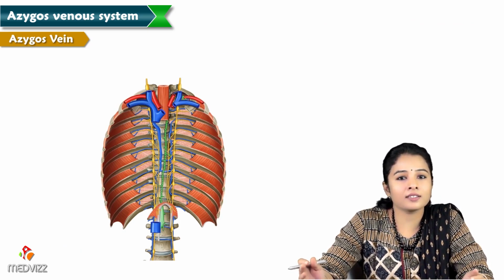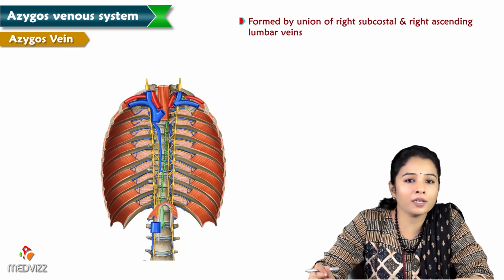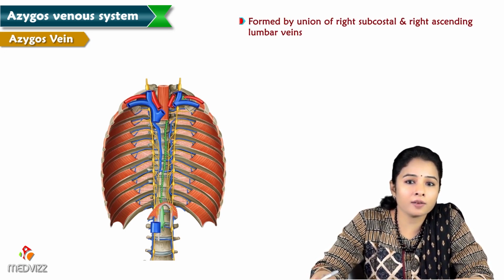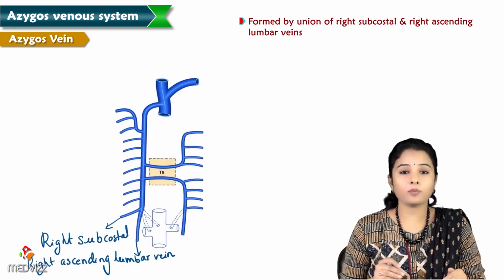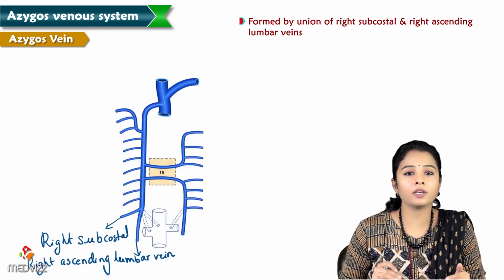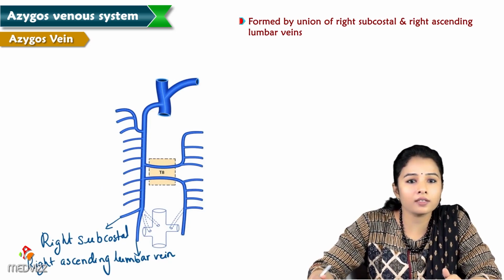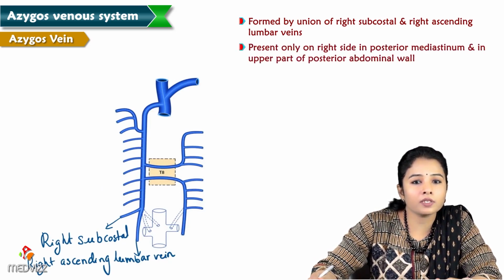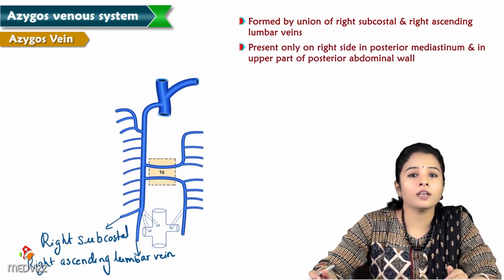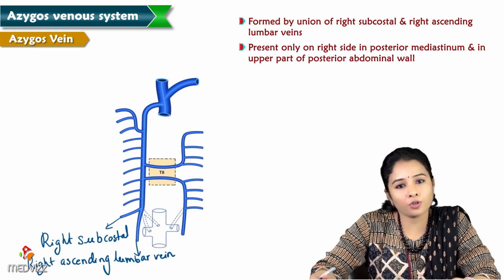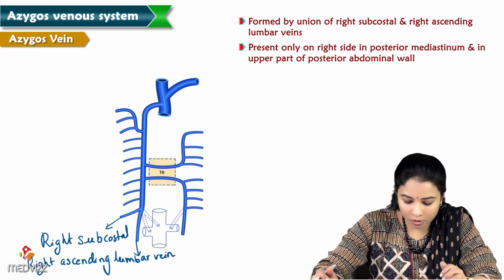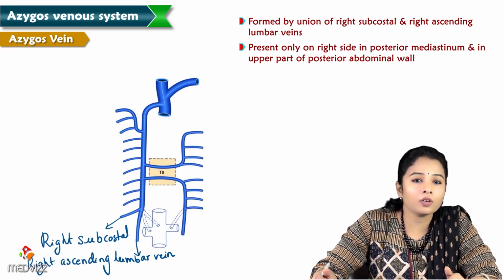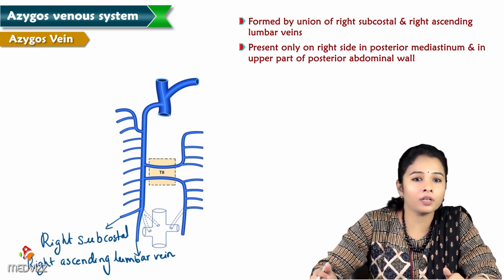Azygous, as I said, is an unpaired vein and it is formed by the union of right subcostal and right ascending lumbar veins. So right subcostal and right ascending lumbar, they join to form azygous vein. The azygous vein is present only on the right side in the posterior mediastinum of the thorax and in the upper part of the posterior abdominal wall.